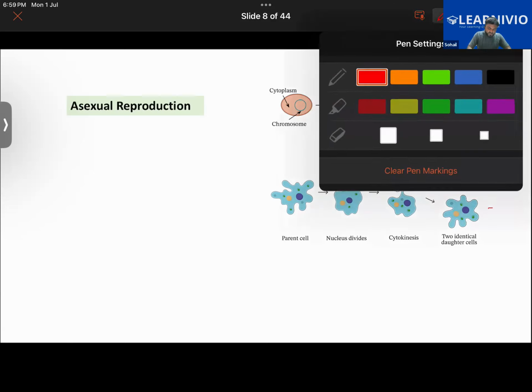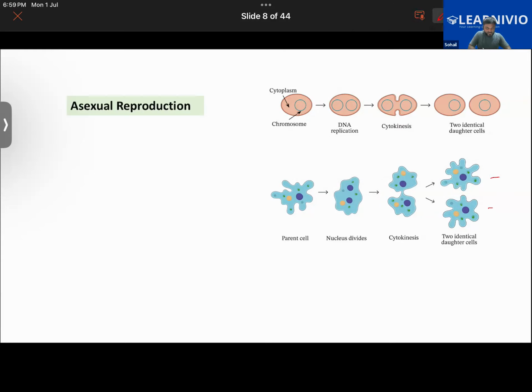So asexual reproduction, we define it as this one. Meanwhile, keep on writing the definition as well.